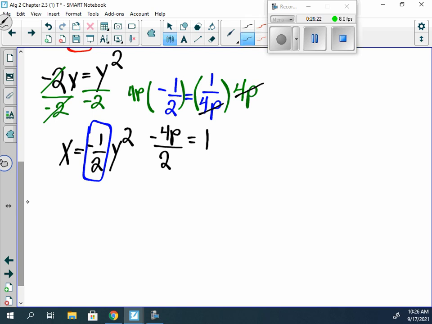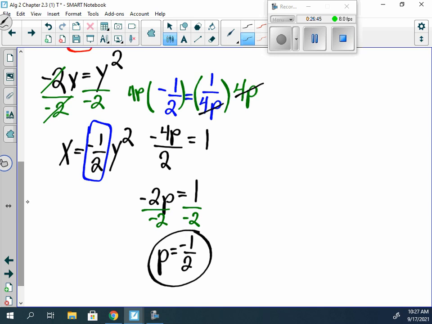Negative 4 divided by 2 is negative 2p, is equal to... is p by itself? What do we need to do? Divide both sides by negative 2. And we get that p is equal to negative 1/2. Any questions on how we found the value of p?